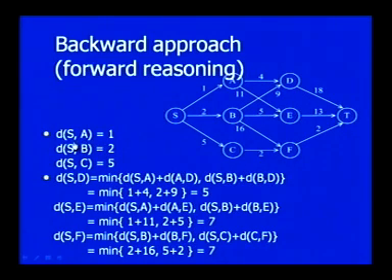So, in this particular example, you can see very well the approach is like this. The distance between S to A is noted down. Similarly, the distance between S to B is noted down. Distance between S to C is noted down.